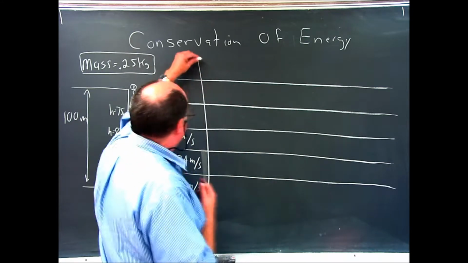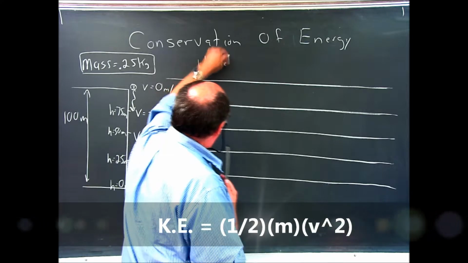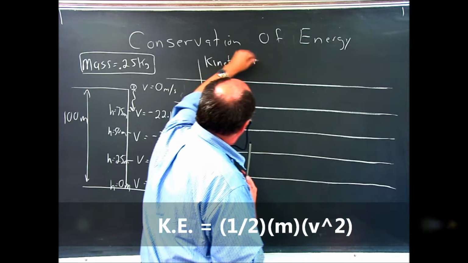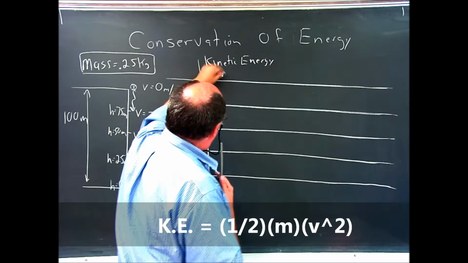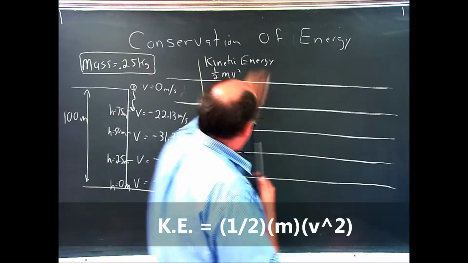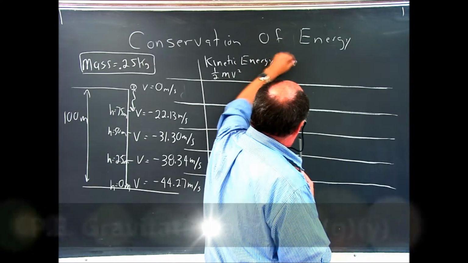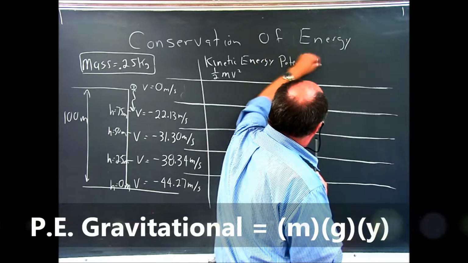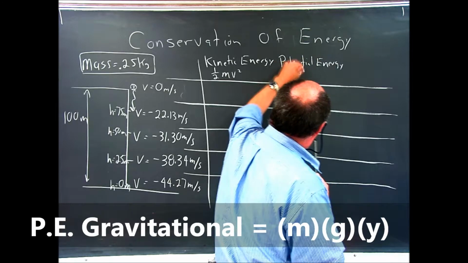So for this first one, I'll use the formula for kinetic energy, which is 1/2 mv squared. And for the second one, I'll use potential energy, the gravitational type.